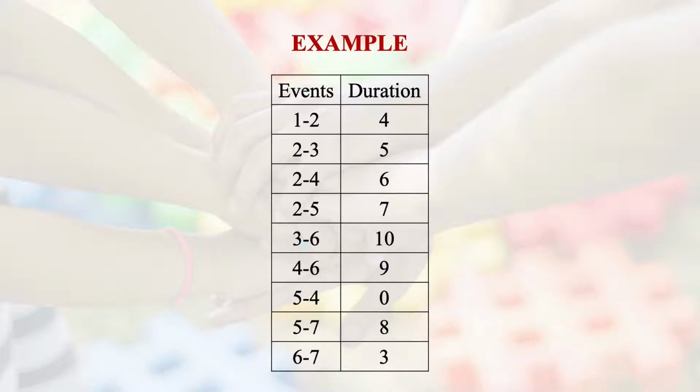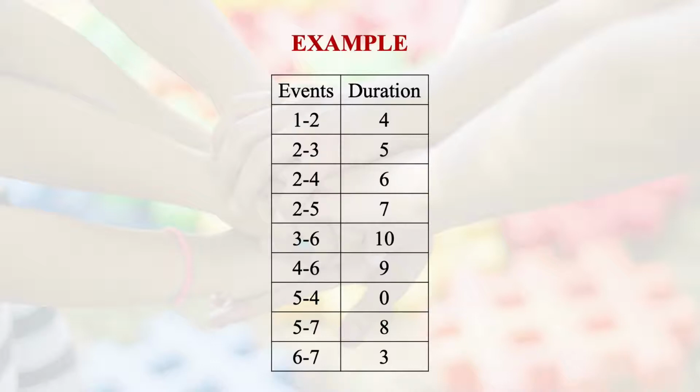Then 5 to 7 takes 8 units and 6 to 7 takes 3 units. So this is the kind of data which will be available. You have 7 events, and among these 7 events there are several activities taking place, and you have to produce the network diagram for it.